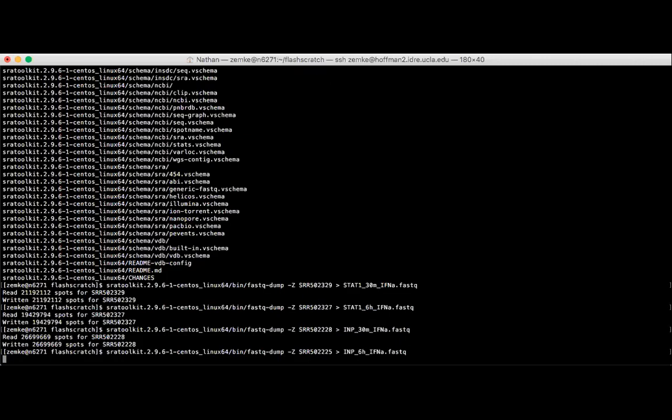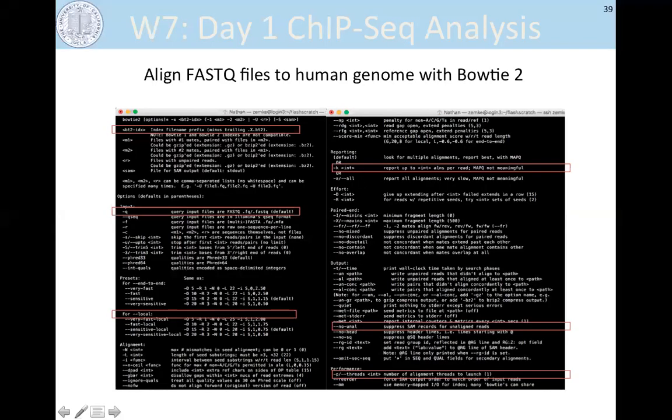As soon as that one's done, we will align each FASTQ file using Bowtie2, and I'll go into more. So I guess I'll just talk about it now. Some of the parameters we're going to use are shown here.